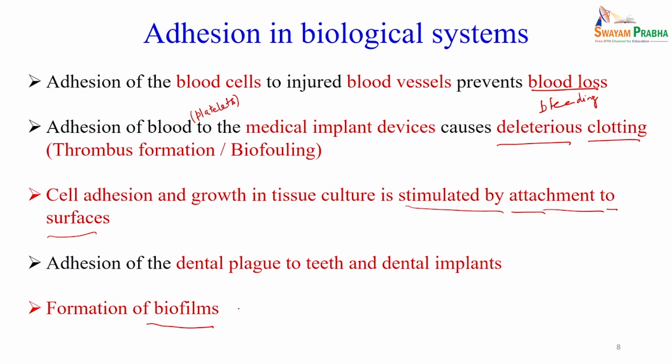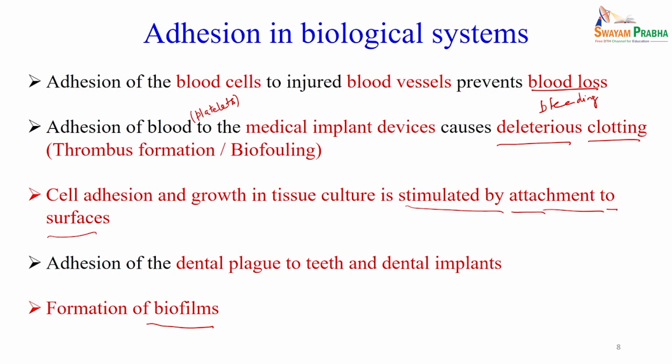So, we can say various adhesion phenomena are there in the biological system, starting from the in vivo body system. In case of injured blood vessels, there are blood platelets and they stop bleeding, but when they attach on the particular biomedical implant, they cause thrombus formation or clotting.